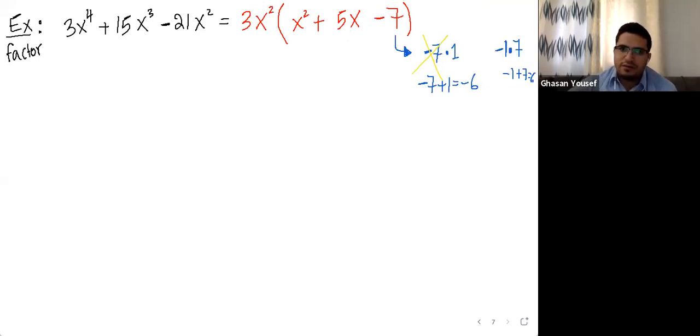So this will also not work. So actually, I cannot factor inside this parentheses. So I cannot factor x squared plus 5x minus 7. So I keep it like this. So the final answer is 3x squared times the parentheses x squared plus 5x minus 7.